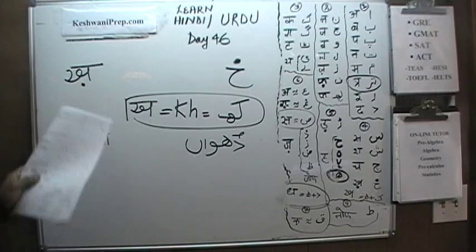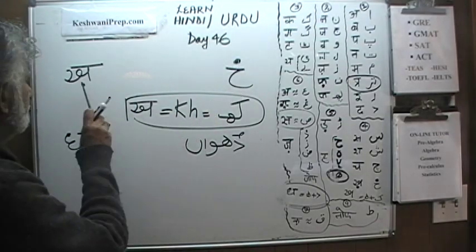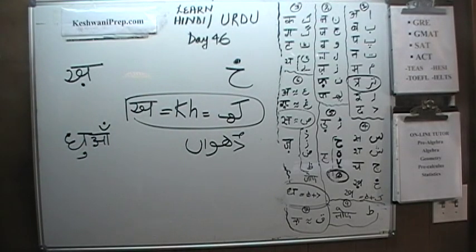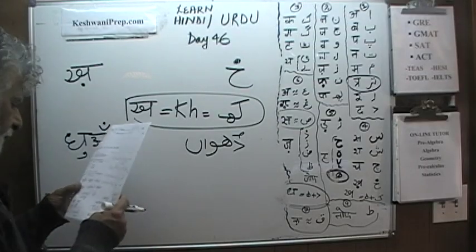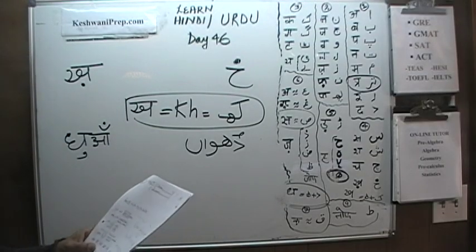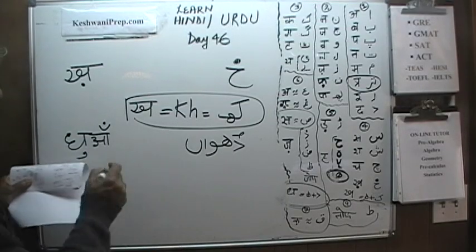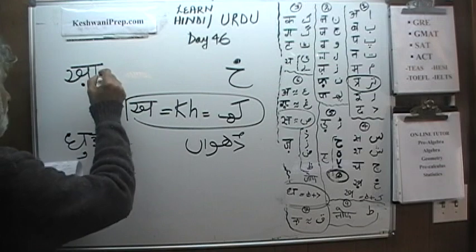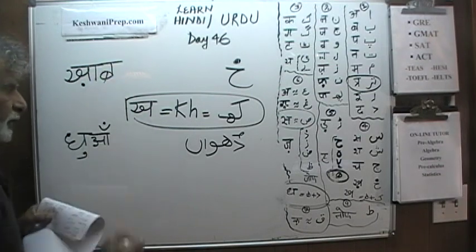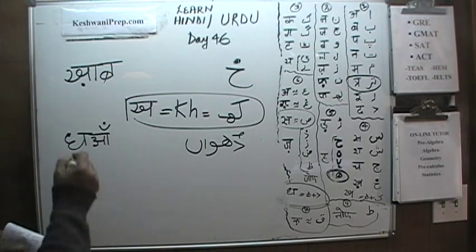But here the kh we need is this one right here with the dot. So we put a dot there. Let's write the Hindi spelling first. We need a kh, and then a ba. That's all. It's a very simple word. Khwab means dream.